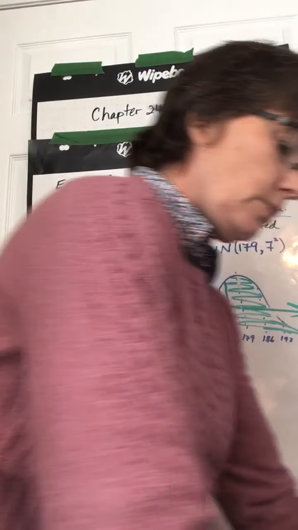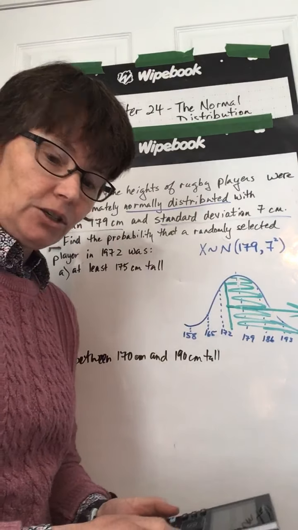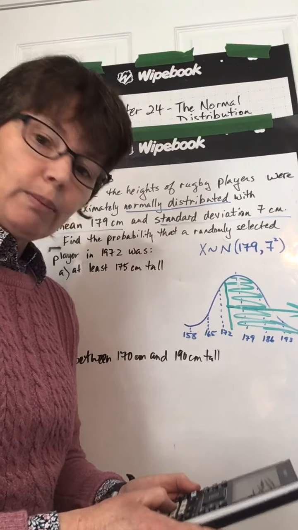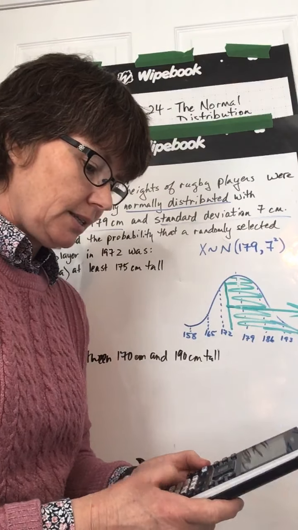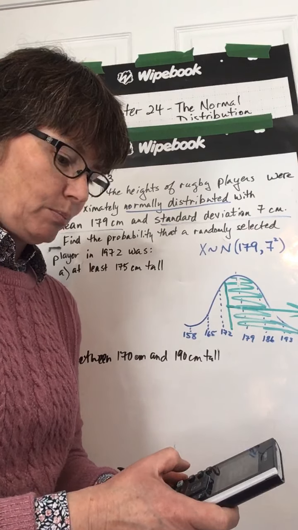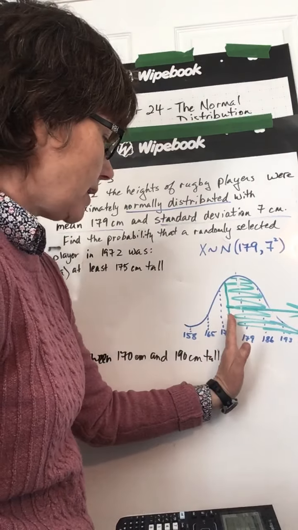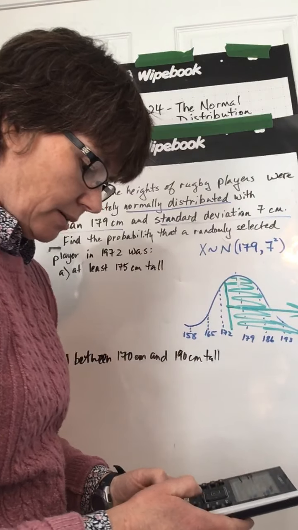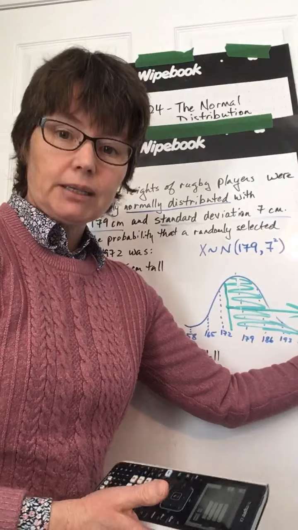So we will use our calculator, and remember the keystrokes are menu, probability on our TI-Nspire, distributions, normal CDF. The pop-up screen comes, and we want the lower bound to be here. So the lower bound is 175. The upper bound is basically infinity.